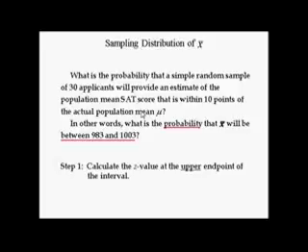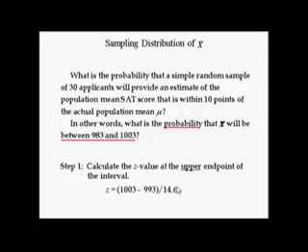In step 1, we need to calculate the z-value at the upper endpoint of the interval, 1003. The z-value is equal to the difference between 1003 and the population mean, 993. If this was a problem from Chapter 6, we would divide the deviation of the mean, 1003 minus 993, by the population standard deviation of 80.